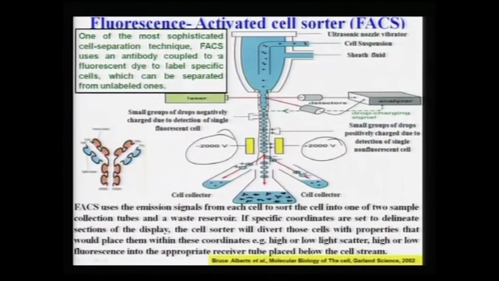Now, here you are putting this laser light and the detectors and analyzers. So, with the detectors, analyzer and laser system, you are allowing the quantification to take place, and depending on whether the cells carry positive or negative charge and how they are stained with this annexin 5 and the PI, from that it can be sorted.